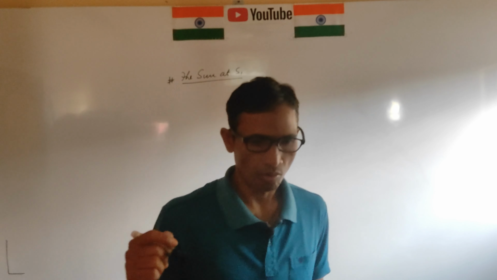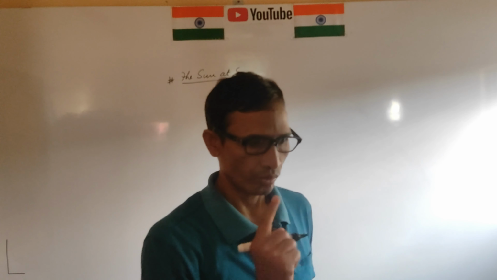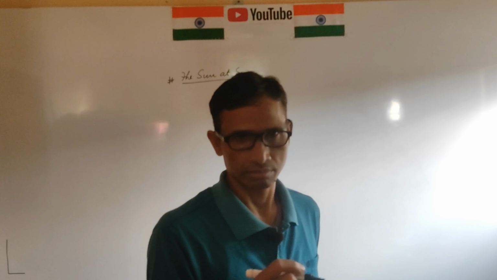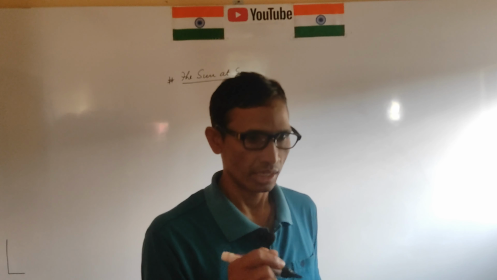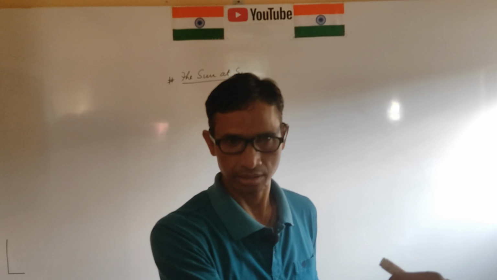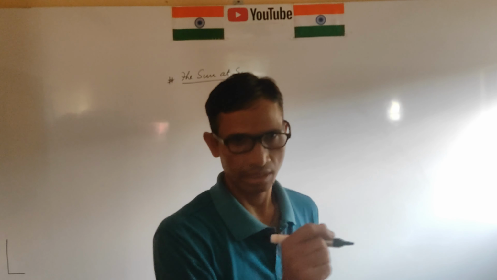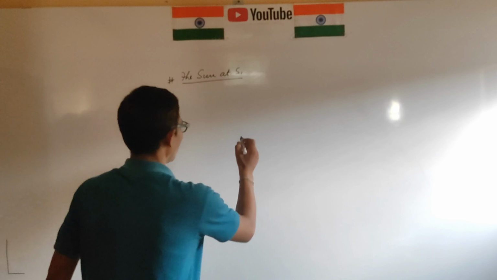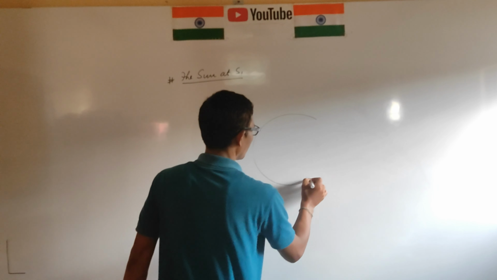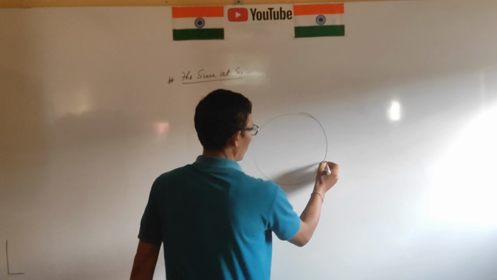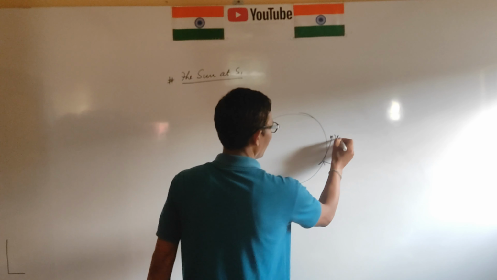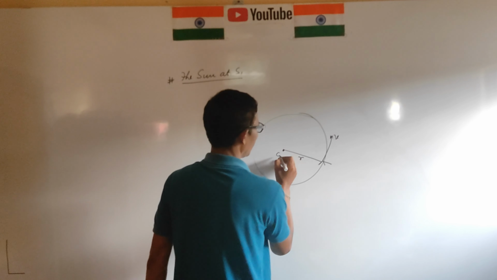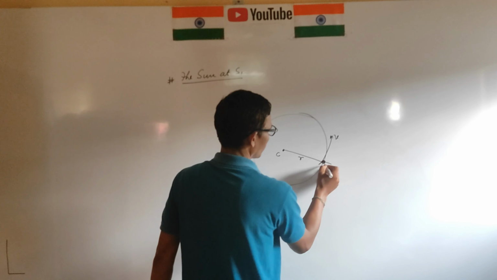When a body revolves in a circular path, there is a centripetal force acting toward the center, which is linked to the radius. Suppose a body is revolving with velocity v, this is the radius r, this is the center, and the mass of the body is m.